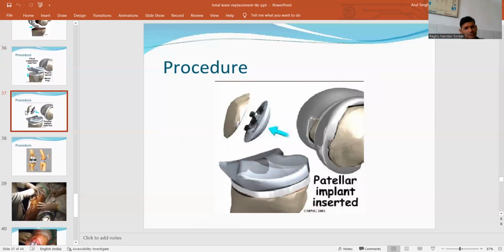When patella replacement is indicated, meaning old fracture of patella, chronic arthritis, patella severely damaged, or any predisposing factor of trauma, then the patella can be replaced. Otherwise, you can replace the femur and tibia only, and patelloplasty is done. So this is the complete procedure.